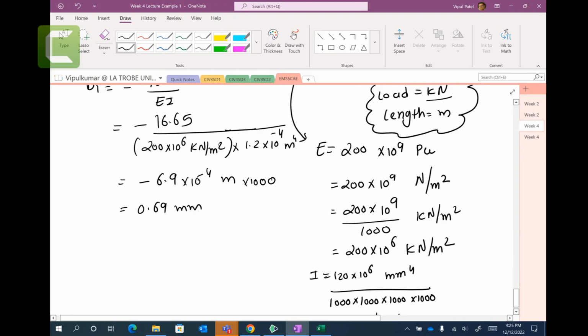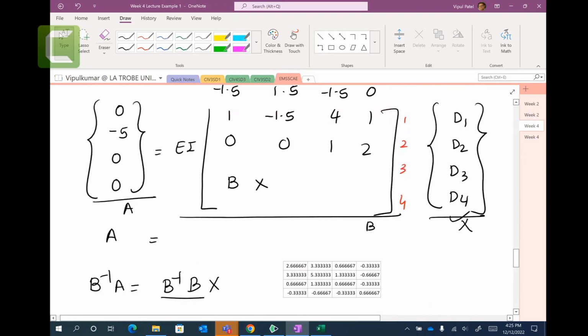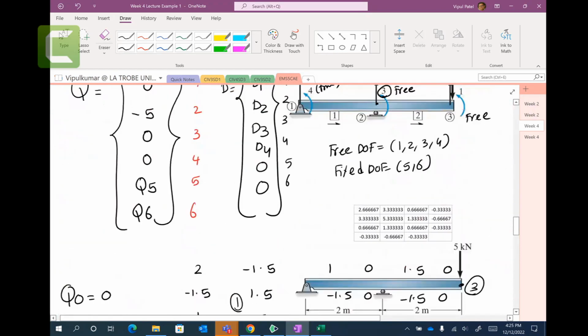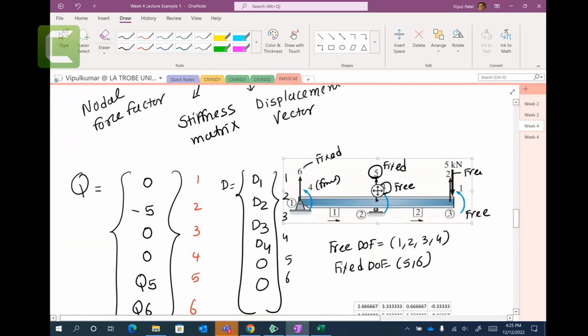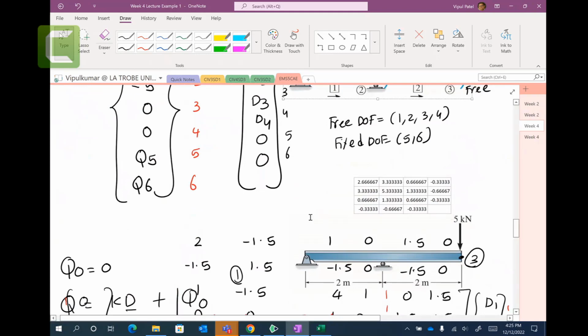What is that 0.69 minus? Because look at the D1. Where is D1? Here you go. Let me get that down here.